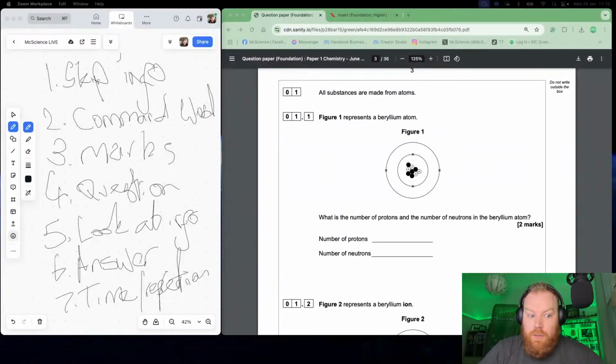We haven't even really looked at questions as such, but we've looked at how we can tackle these questions correctly. This is something I have got my students to do time and time again, and it works.